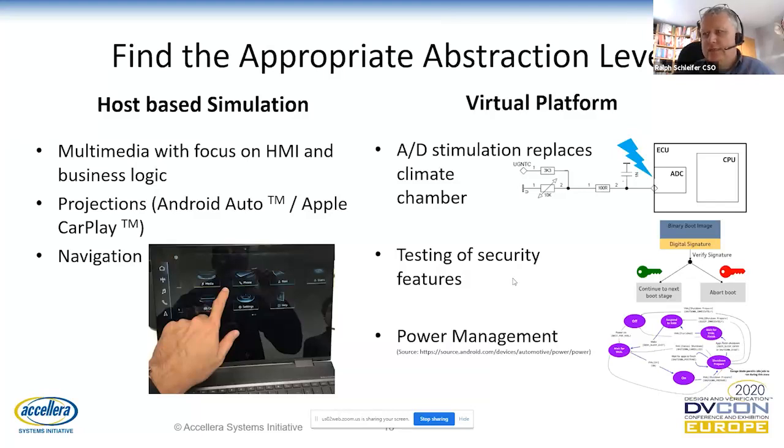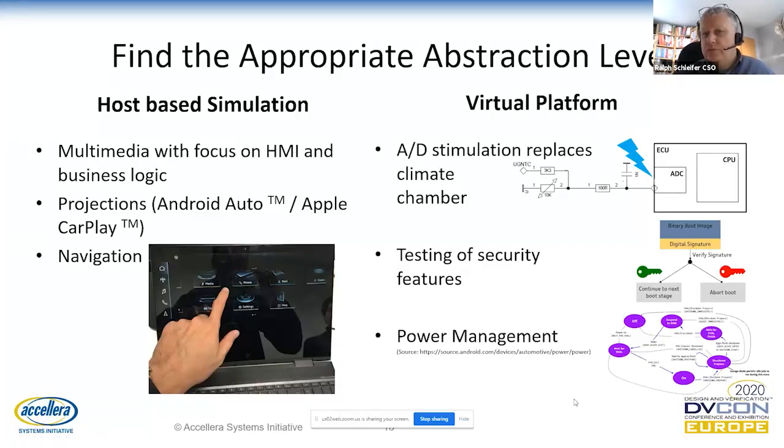Then you can do that nicely on the virtual platform because it's easy to manipulate the images that you would like to test. And it becomes even more interesting if the security mechanisms on the real hardware would lead to a bricked unit in case you have a successful test. Successful here means you prove that your boot procedure stops when you have a compromised part of any of the boot images.